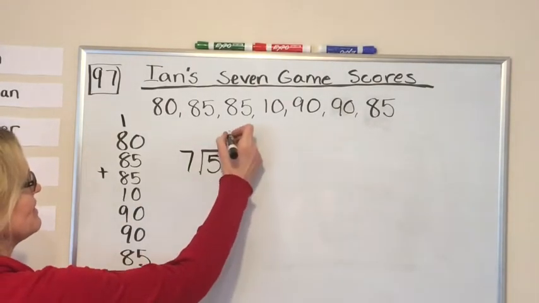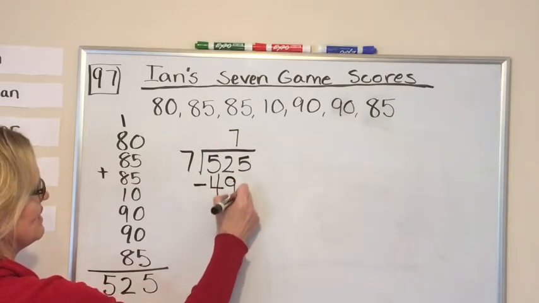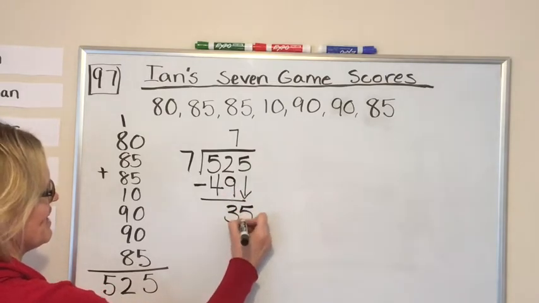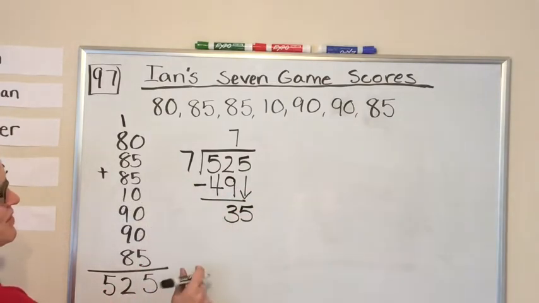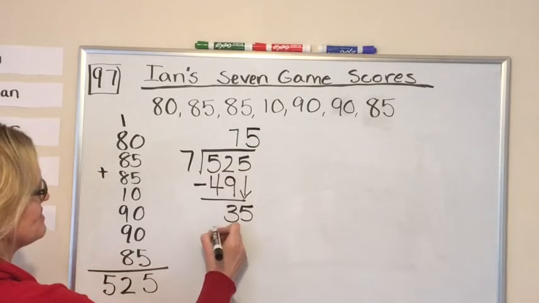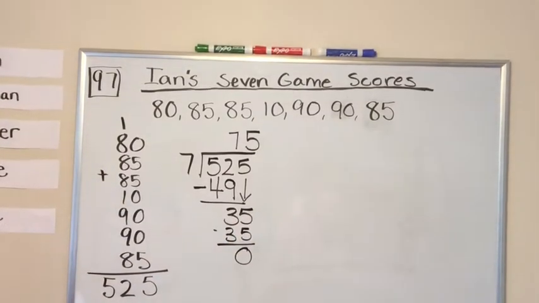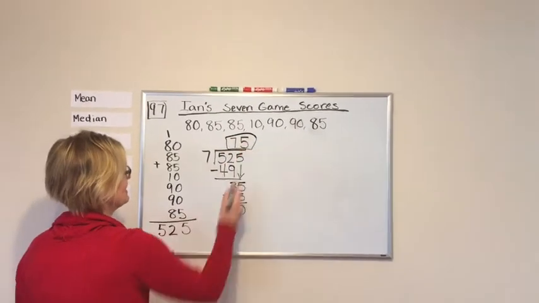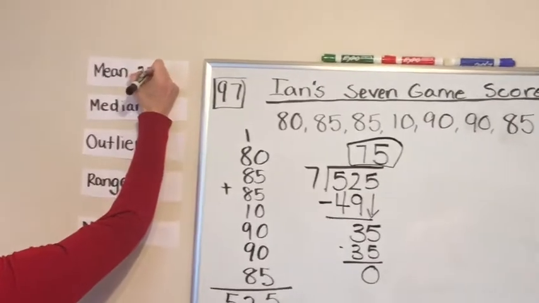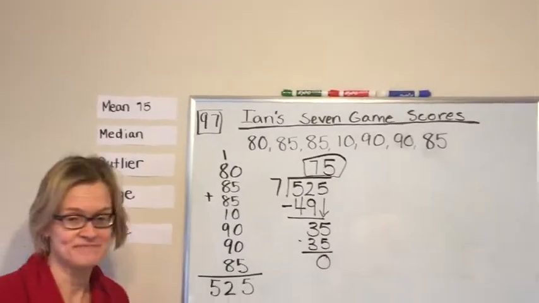We'd say 7. 7 times 7 is 49. We subtract 3, bring down the 5. How many times can 7 go into 35? 5 times. Because this is even, it ends up being a 0, there is no remainder. And this is our mean, which would be 75. Okay?